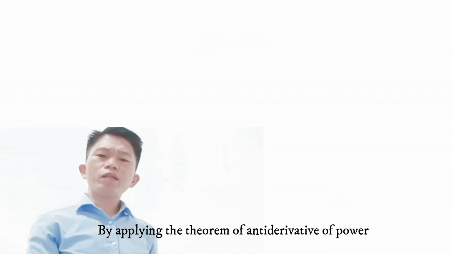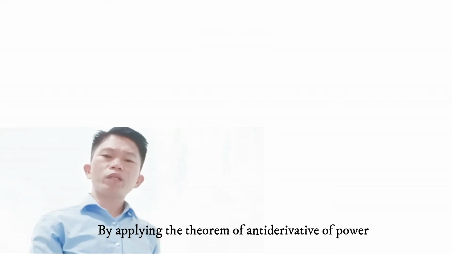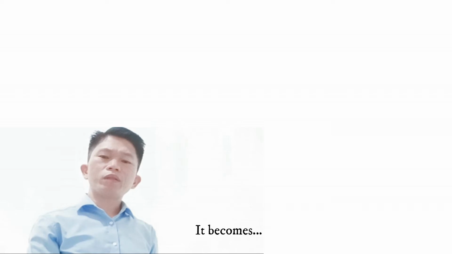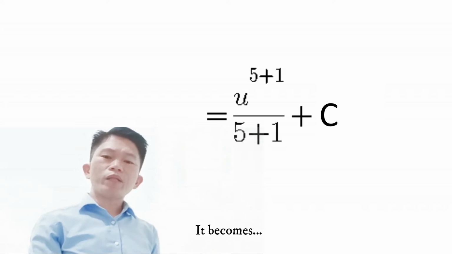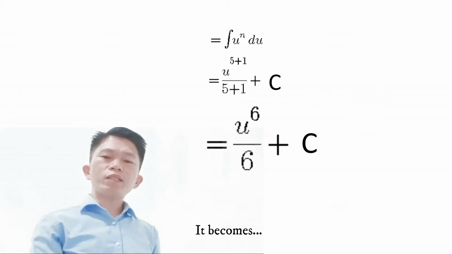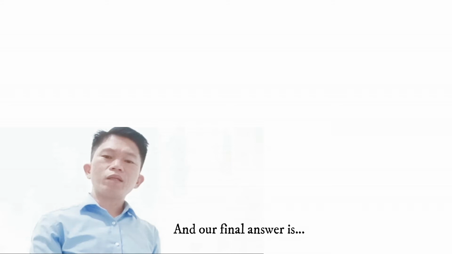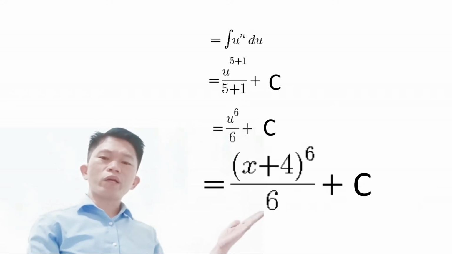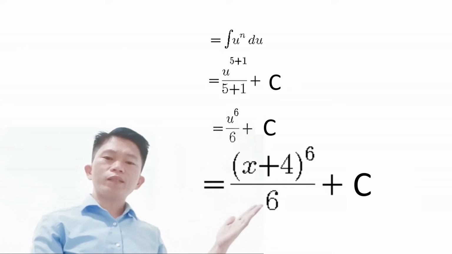By applying the theorem of antiderivative of a power, it becomes u to the n plus 1 all over n plus 1 plus c, and our n is 5. It becomes u to the 6 all over 6 plus c, and our final answer is the quantity x plus 4 raised to the 6th power all over 6 plus c.